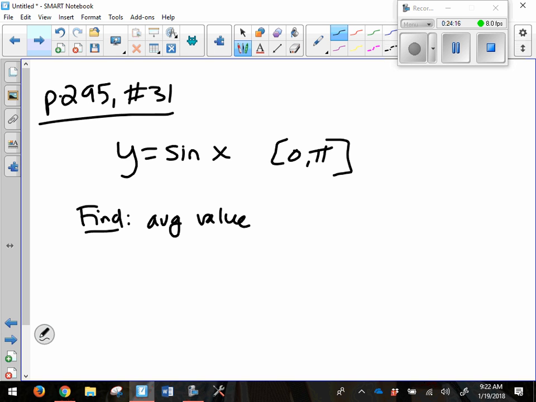And you have a definition for that, right? That we went over earlier this week. So how do we find the average value of f using calculus? It's okay to look back in your notes.